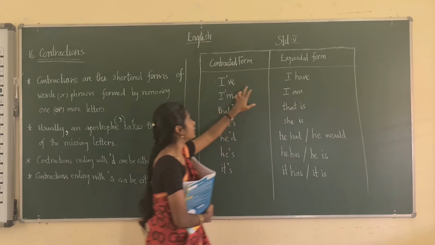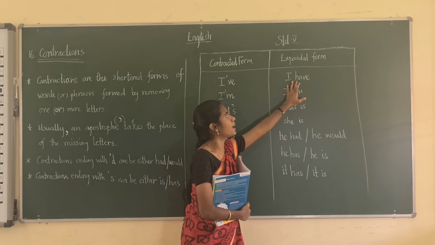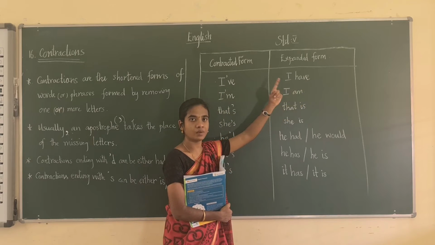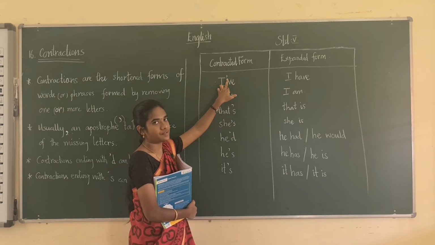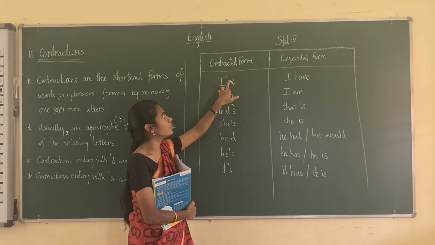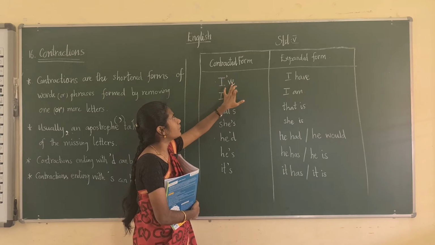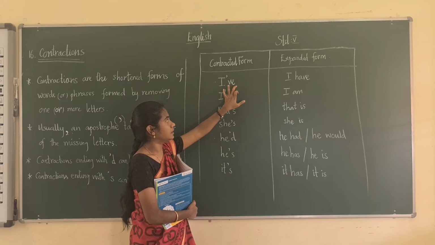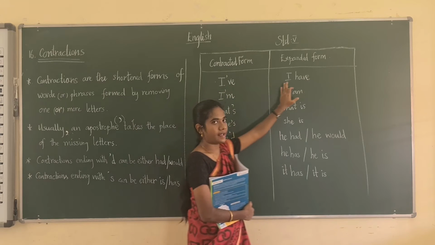What is missing? The letters H-A are missing. It is more than one letter, so for that we have to put an apostrophe after I. Then write the remaining letters V-E. I've means I have.